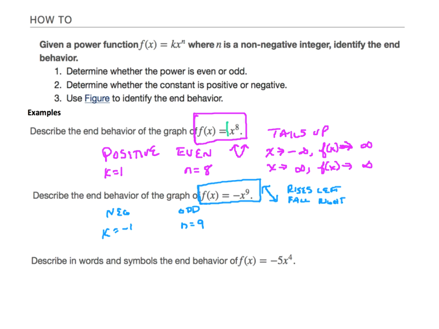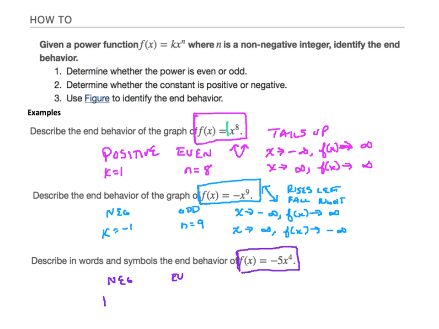If I want to write that mathematically, as x approaches negative infinity, f of x approaches positive infinity. That's rising left. As x approaches positive infinity, f of x approaches negative infinity. That falls right. All right, and finally, for this concept, we have a negative even because k is -5 and n is 4.